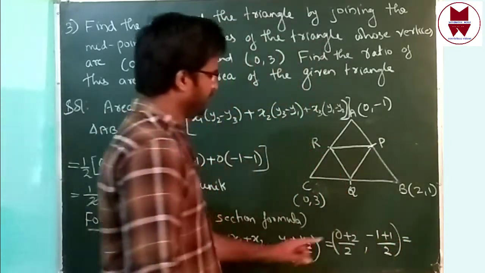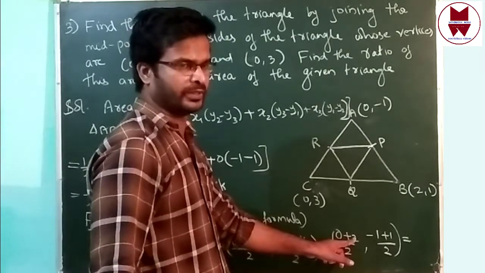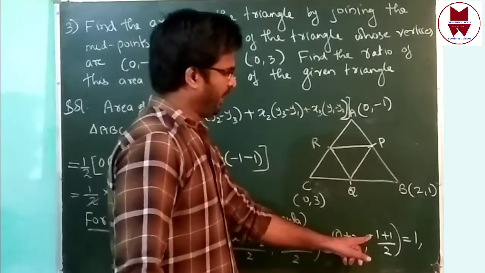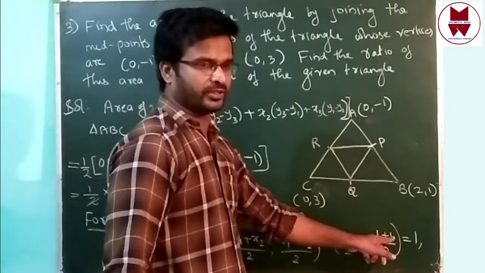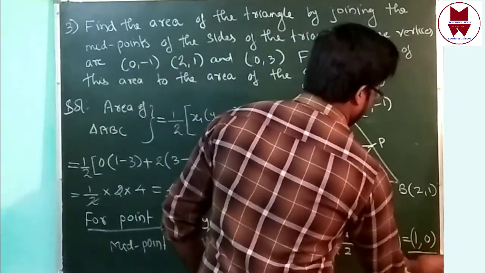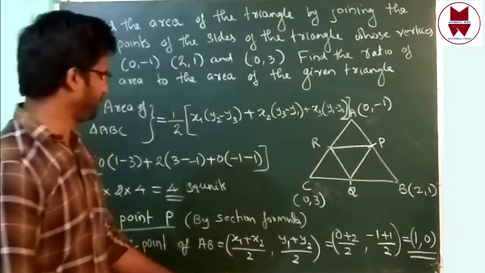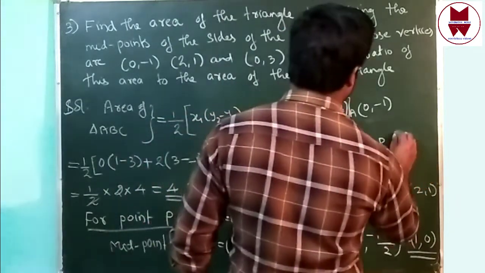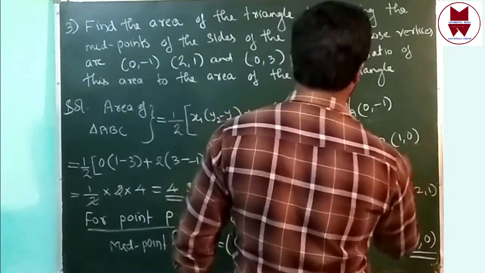What do you get? 0 plus 2, 2, 2 divided by 2, 1. Then minus 1 plus 1 will be 0, 0 divided by 2, 0. That means the coordinates of P we got are (1, 0). You can write it in the figure also, (1, 0).